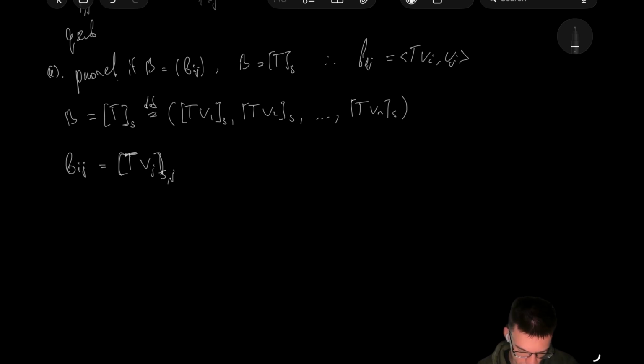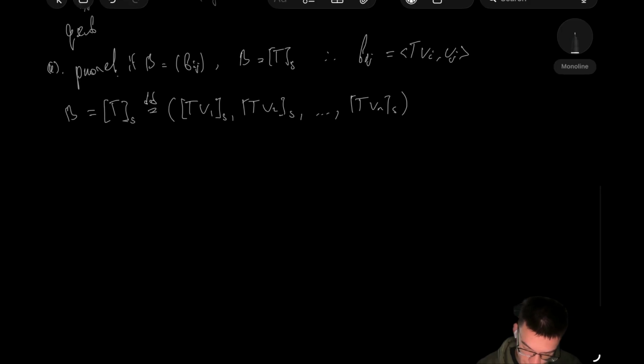And also at the same time we can see that, hold on a second, I'm going to remove that because we can even simplify this much more significantly here. We can write TVi as a sum, because it can be represented with respect to this orthonormal basis.